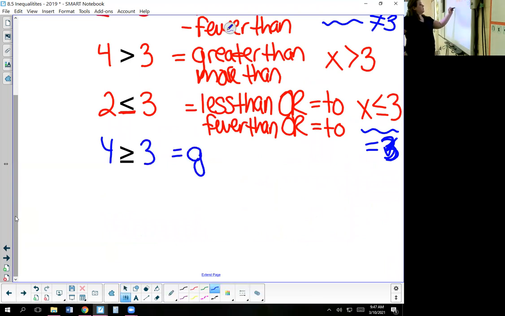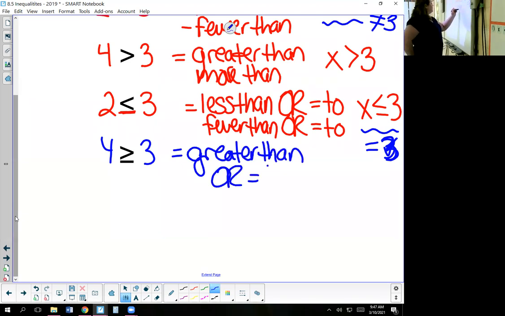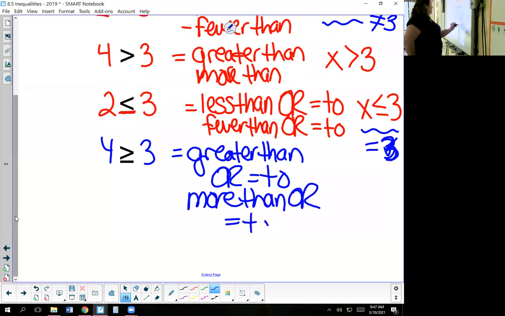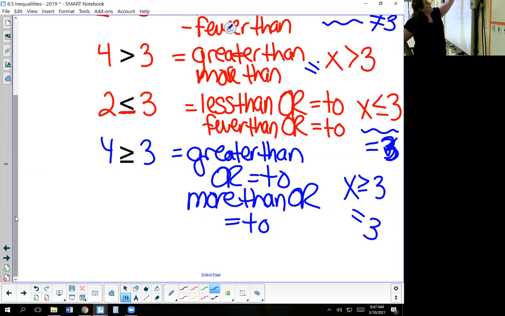So same thing, it's greater than or equal to. You can replace it then with more than or equal to. So if I replace the 4 with an x, x is greater than or equal to 3. Again, this one is allowed to equal 3, whereas this one is not allowed to equal 3. Okay.